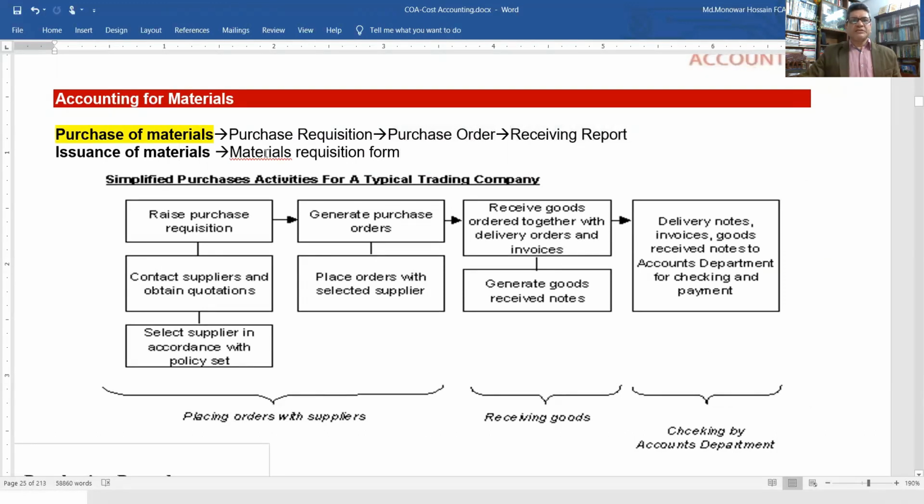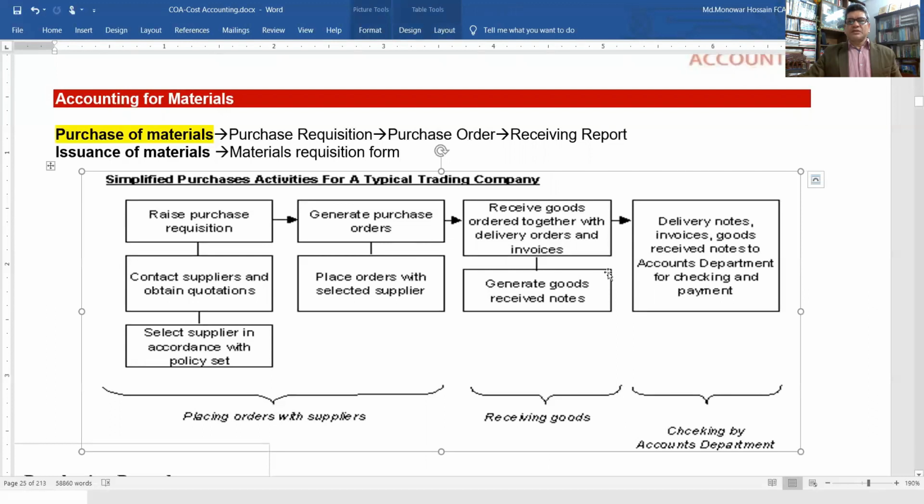Placing an order with a supplier means raise a purchase requisition, contact suppliers, obtain quotations, select a supplier in accordance with the policy set by the organization, and generate a purchase order. Place the order with the selected supplier, then receive goods together with the delivery order and invoice, and generate goods received notes.